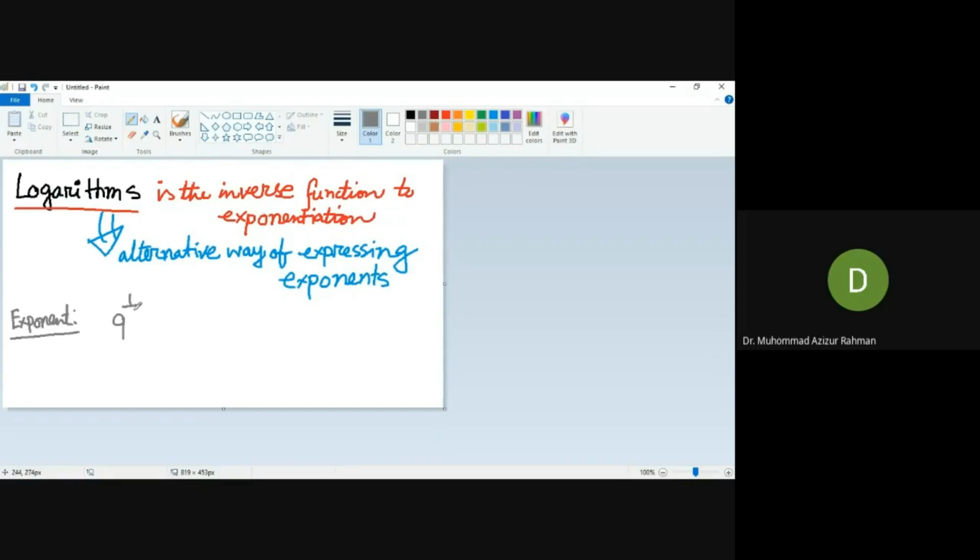This is the base, and this half we call the power. Then we get some result, right? If we do some calculation on this, how much is the result? 3. So we call 3 the result.